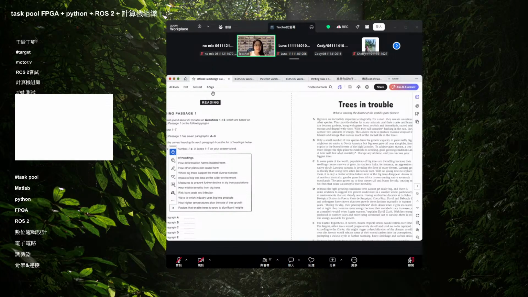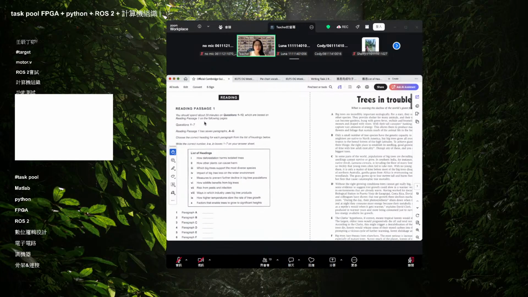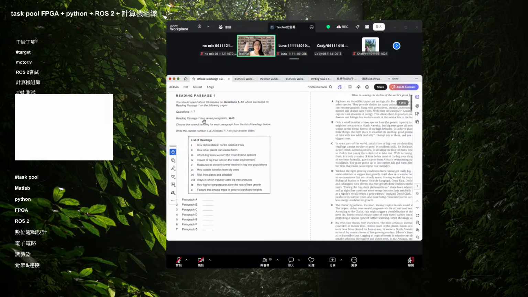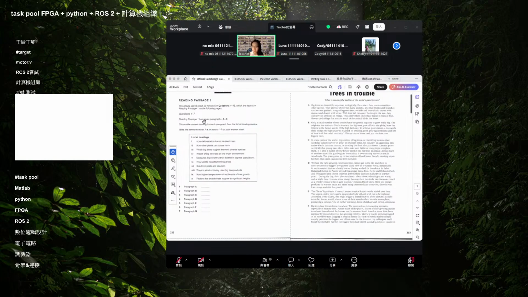So you're going to see that over to the left, where they often provide a long list of possible headings that might seem quite a fit or might be a proper fit for the paragraph.